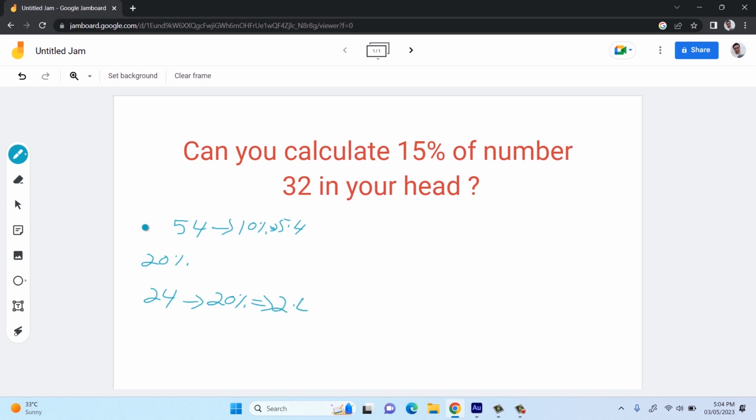And then to calculate 20%, all we have to do is we have to double this figure. So 2.4 plus 2.4 will become 4.8, right? So this is the easiest way to calculate 20%.